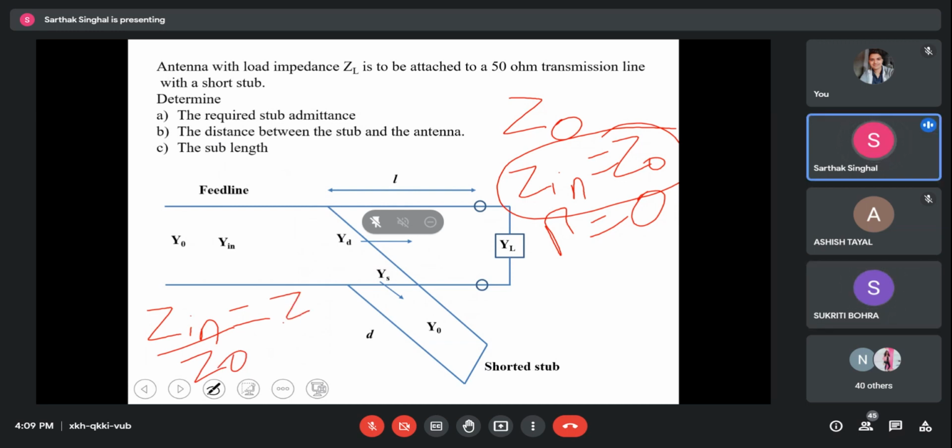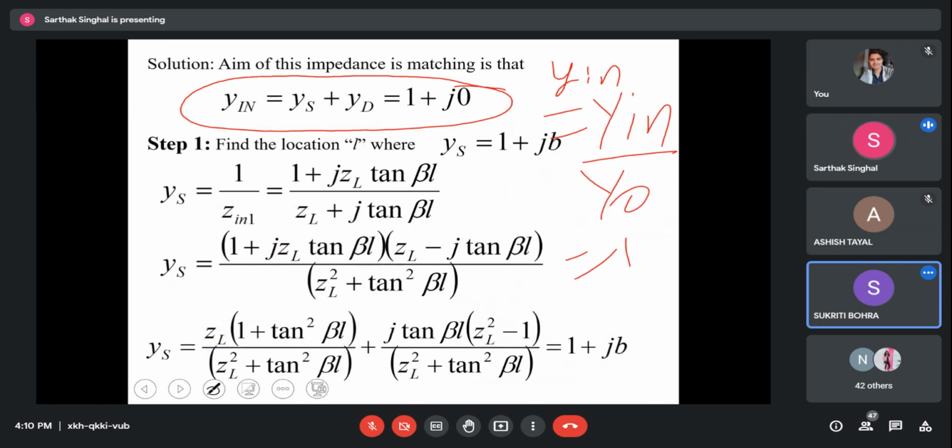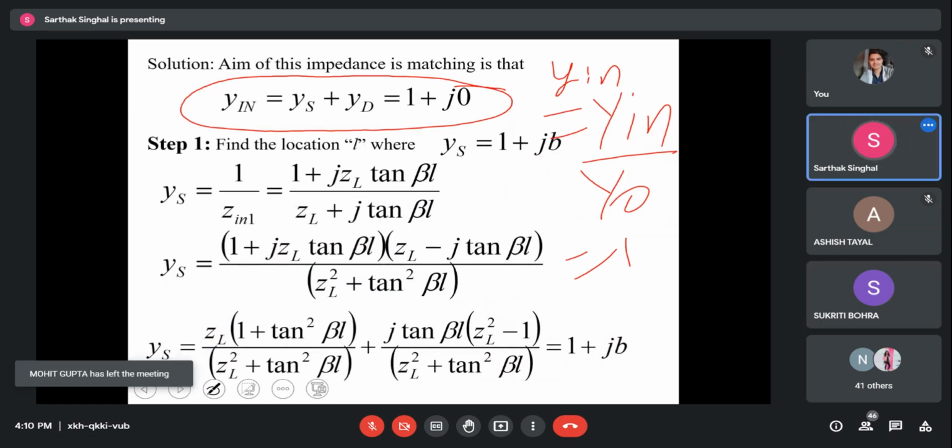So this is equal to z in 1, which is given like this. Now since we are calculating the normalized impedance, what will be the value of y in 1? It will be 1 by z in 1, right? So what will be the equation of z in 1? Can you tell me?